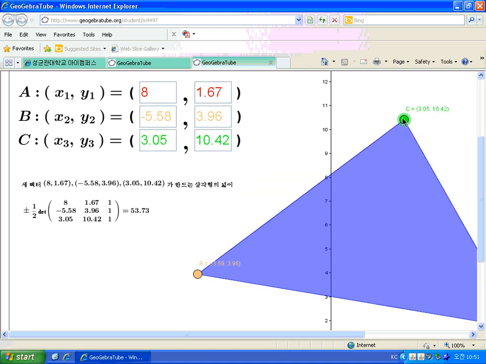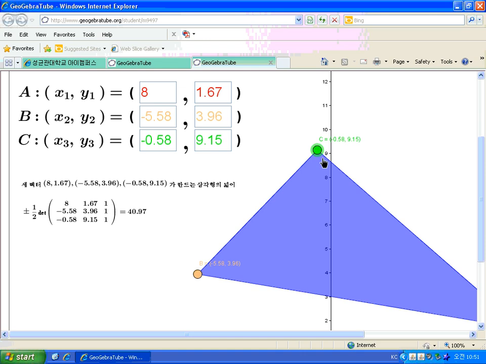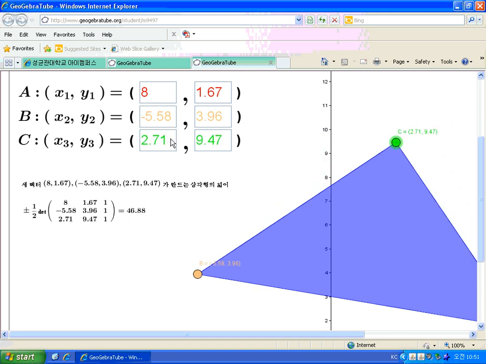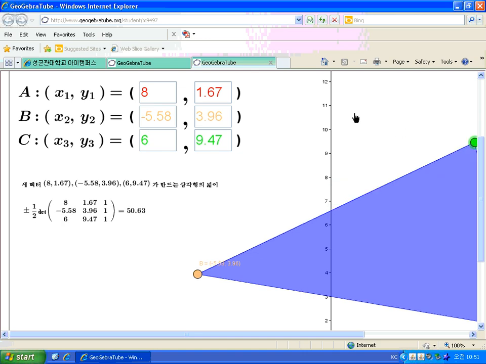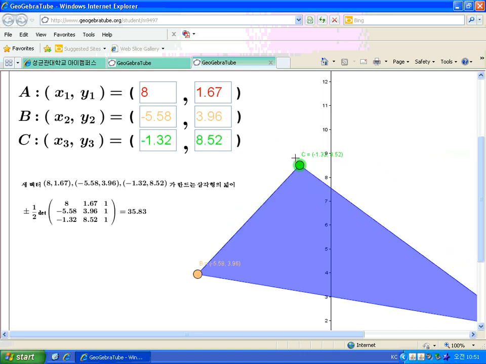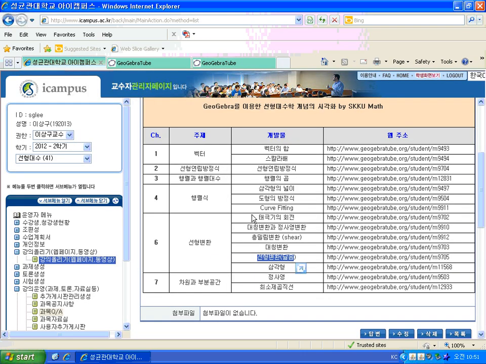So you can make an interactive change by just pointing at this, or you can give the point by yourself as well. Okay, so there are many things you can do.